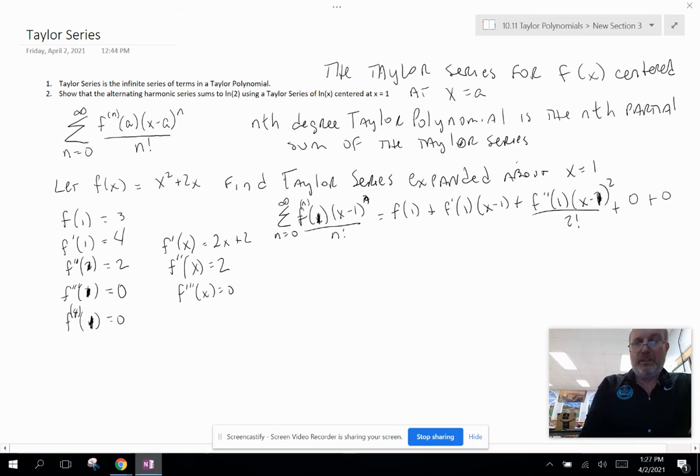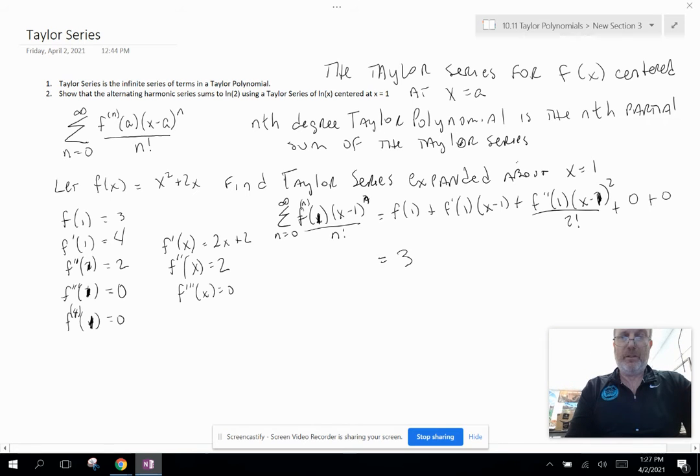So what this says is that this Taylor series expansion becomes f of 1, which is 3, plus f prime of 1, which is 4, times x minus 1, plus f double prime of 1, which is 2, times x minus 1 squared, all over 2 factorial, and then a bunch of zeros after that.